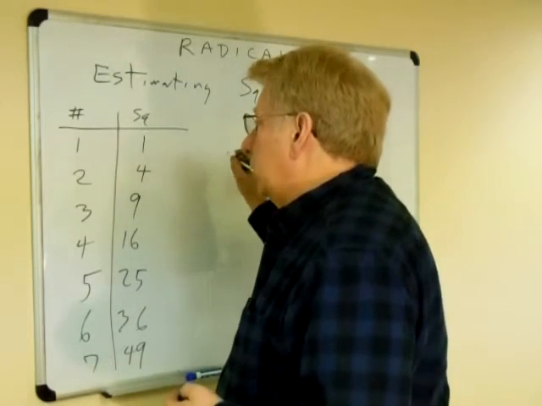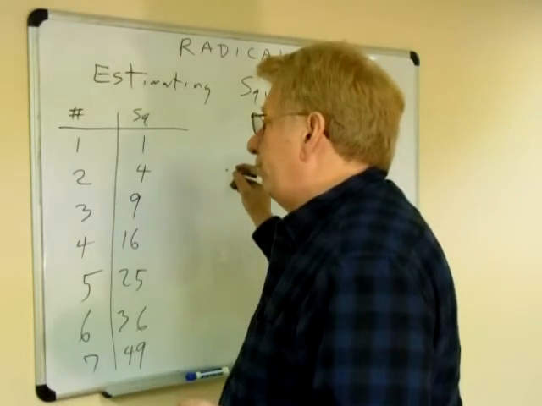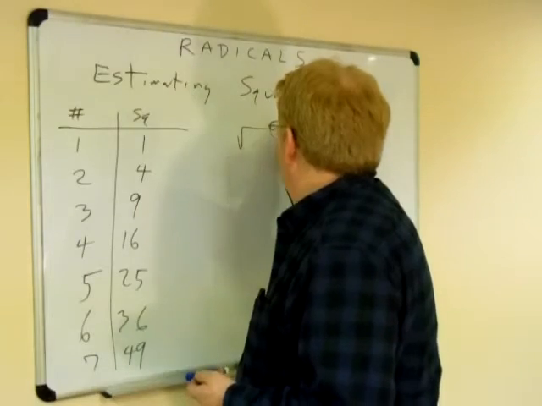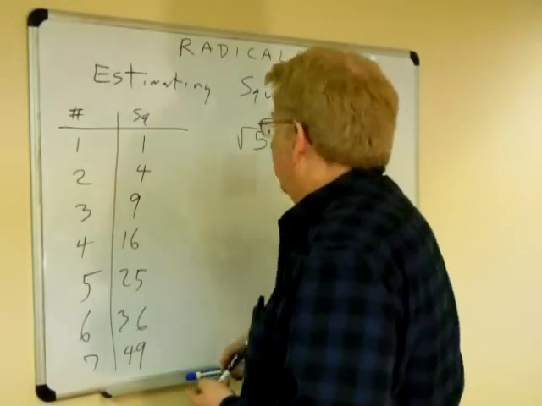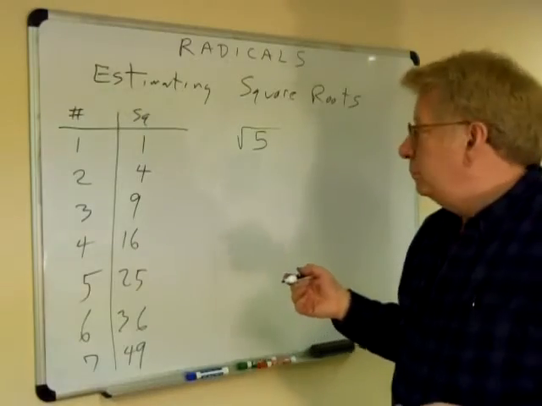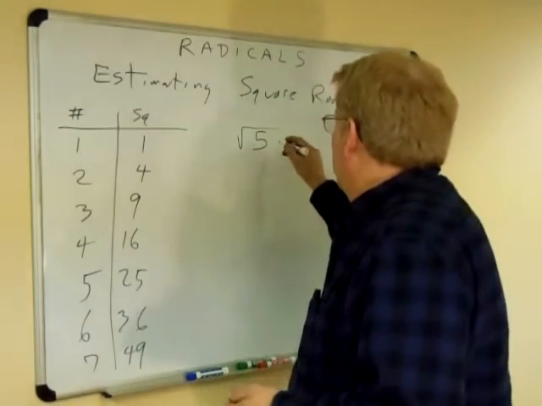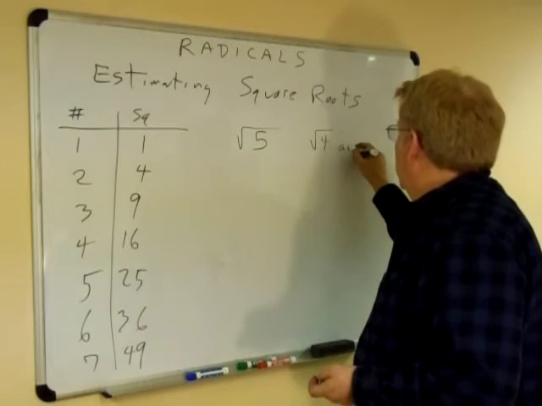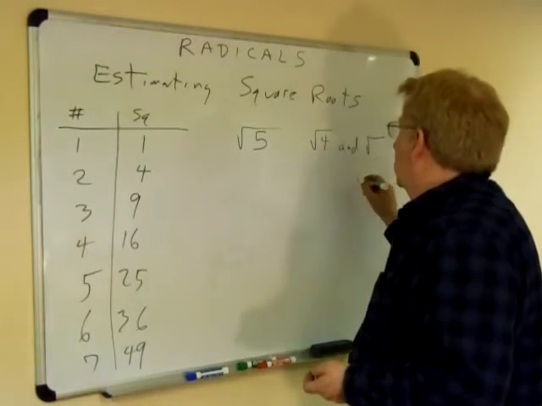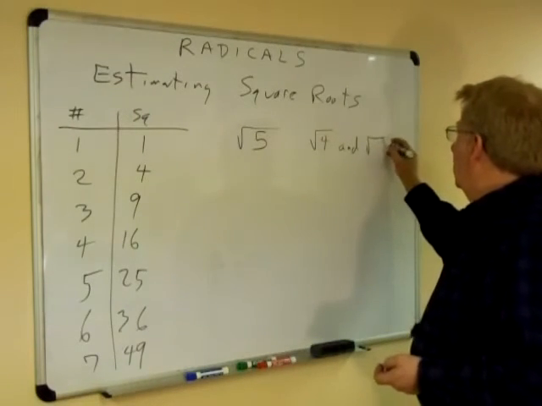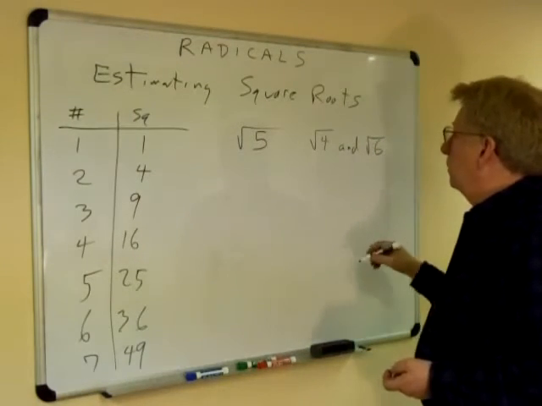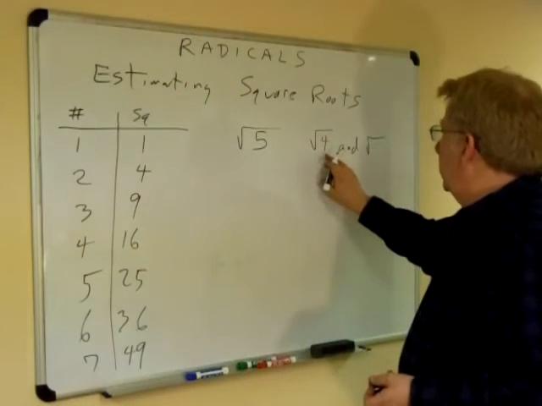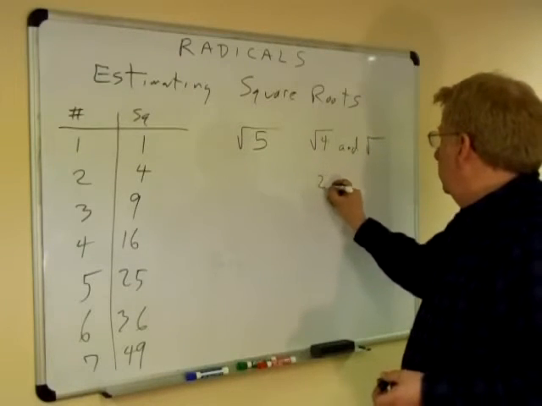So then if we try to figure out the square root of 5, we want to estimate it. Well, we know that it's going to be somewhere between the square root of 4 and the square root of 6. Well, let's not take 6. Let's take a perfect square. So we have 4, which we know is 2.